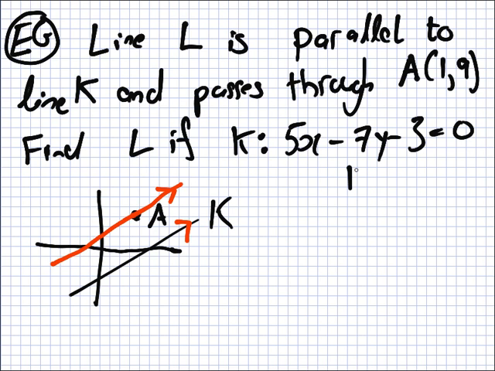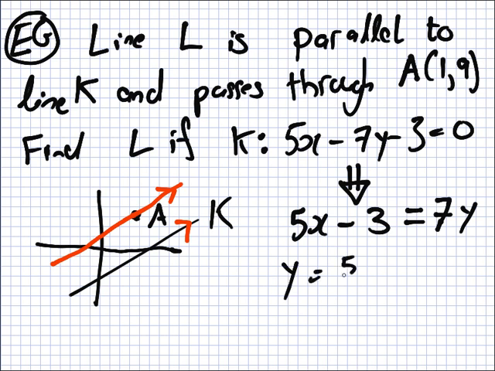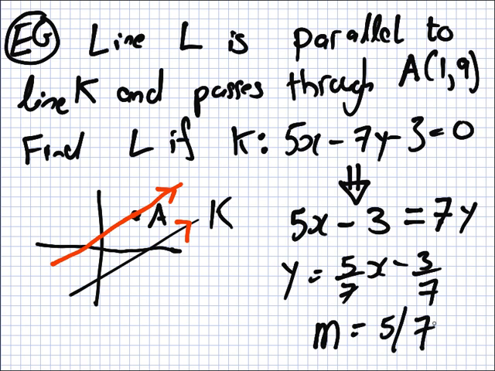So, if we rearrange this, we get 5x minus 3 equals 7y. And so y equals 5 over 7x minus 3 over 7. And so what's the gradient here, the slope m? 5 over 7, isn't it? Yeah. So the slope of this line is 5 over 7 as well.